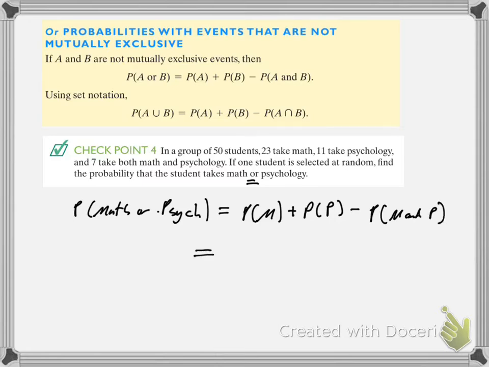Well, the probability of math is 23 students take math out of the total 50, plus the probability of psychology, which is 11 students take that out of 50, minus the ones that take both math and psychology, which would be 7 out of 50.